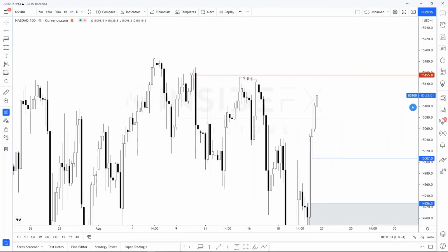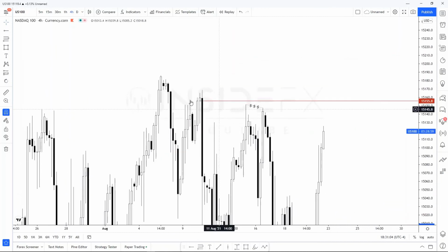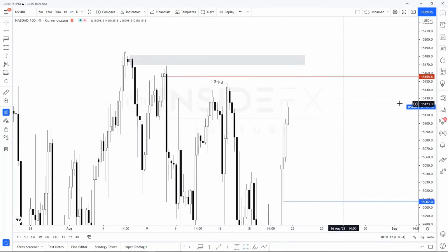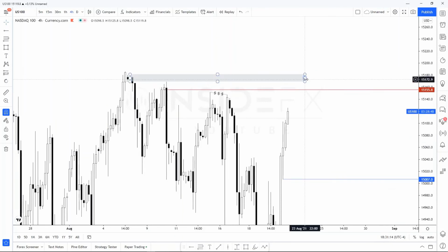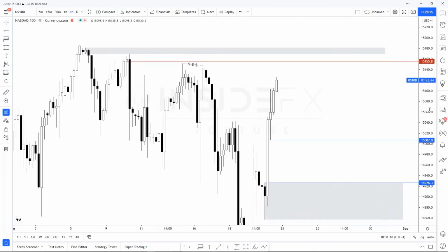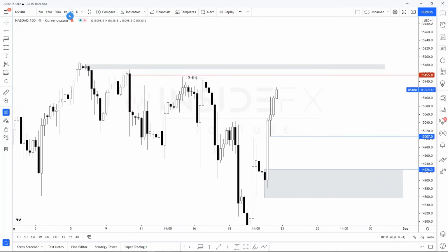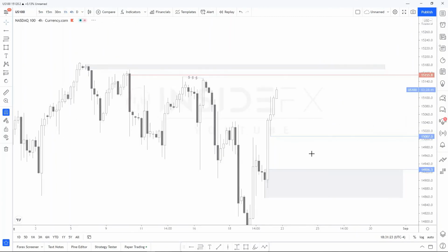And if we look to the left of it, we have another one right there. So we have two areas which we can look at once price gets there. For now, let's wait and see what price presents to us.